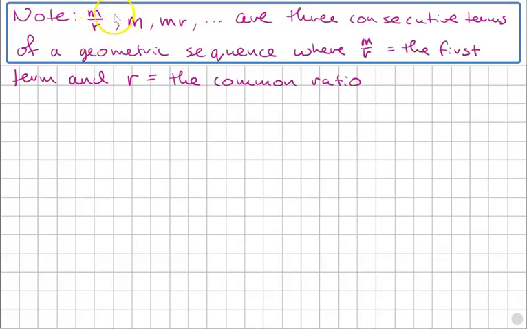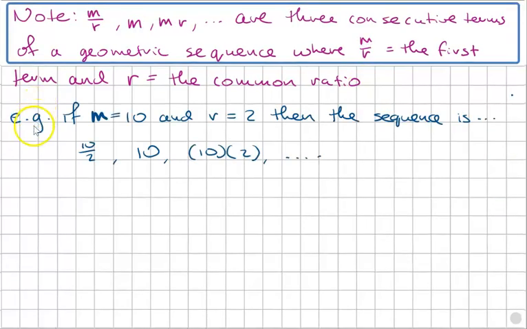So I've replaced a with m. So m over r, comma m, comma m r are three consecutive terms of a geometric sequence where m divided by r, divided by the common ratio, is equal to the first term and r is equal to the common ratio. Example, if m is equal to 10 and r is equal to 2, then the sequence is going to be m over r, which is 10 over 2, comma m, so comma 10, comma m times r, so comma 10 times 2, dot dot dot.